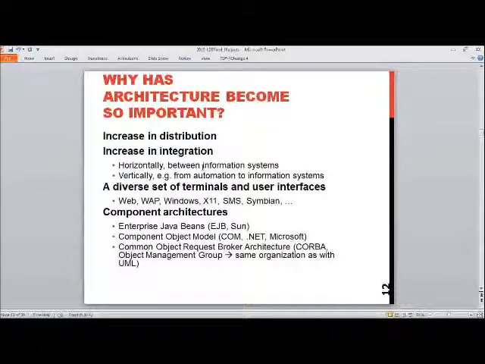object models or object infrastructure which are meant to make things easier, for example with platform independence, or making it possible to use different programming languages to create objects that are interchangeable. This is important if we consider older systems.